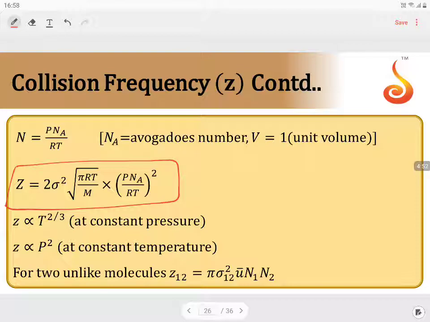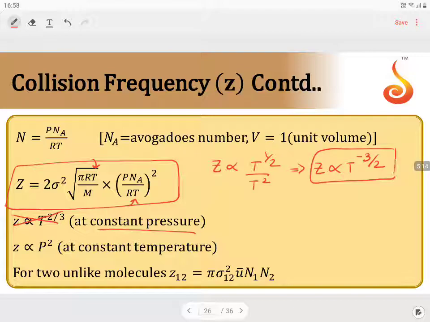At constant pressure, I have an error, just correct it. At constant pressure, Z is proportional to T power 1 by 2, that comes from here, and there is also T coming from here by T square. So this gives you Z is proportional to T power minus 3 by 2.